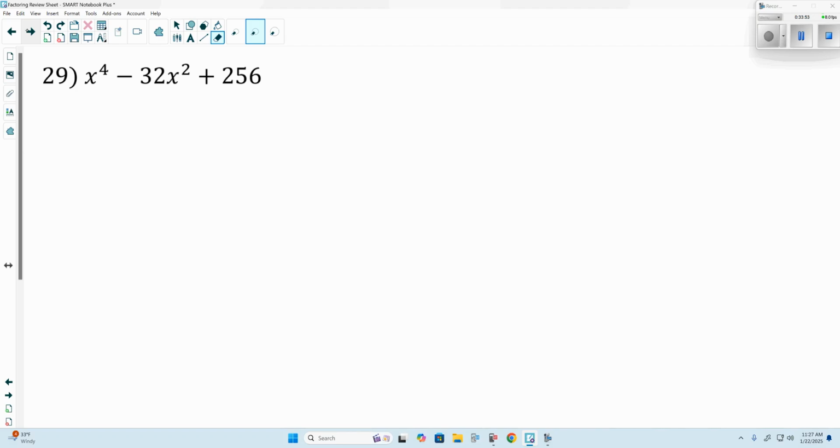x to the fourth minus 32x squared plus 256. This type of problem is one of the extra ones. Now, since there is no greatest common factor between these three terms, we can move on to our 2 sets of parentheses with 3 spaces.